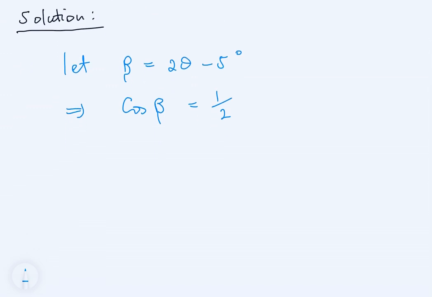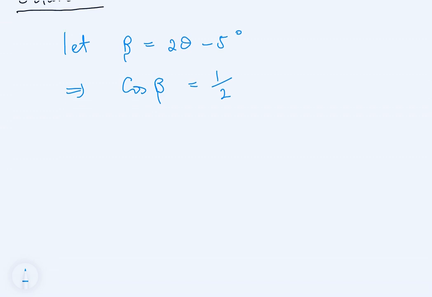Now the cos beta is equal to half. To get the full solution of this equation, we have to go to our trigonometric quadrants, right?